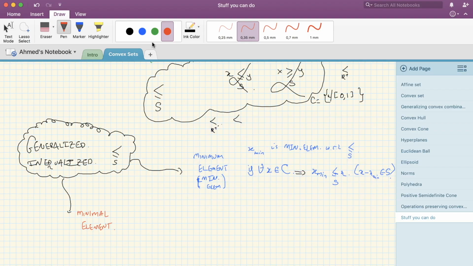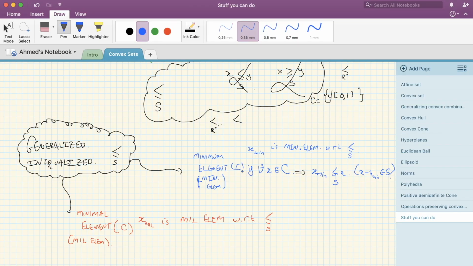You can also define a minimal element with respect to a set C as well. So let's denote this as x_mil instead of x_min. So x_mil is a minimal element, of course, with respect to the generalized inequality. The minimal element is also defined for a set C, as with minimum elements.